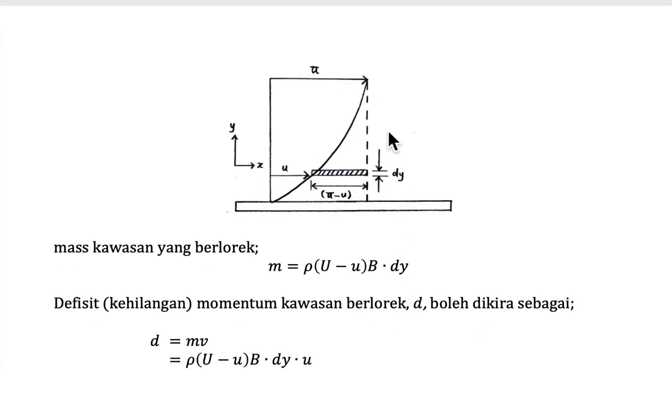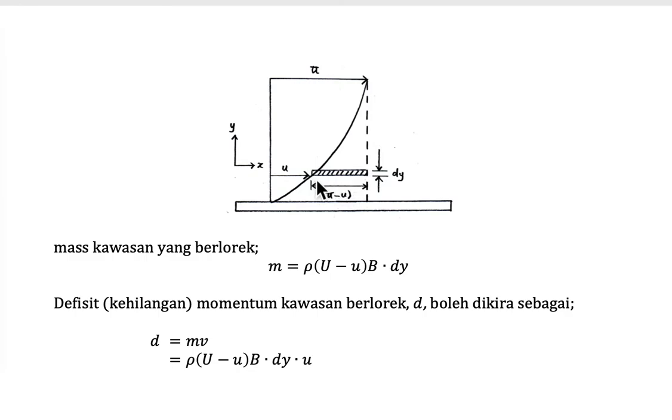Then please draw a diagram like this. This is the velocity profile at the outlet. We imagine that there is a deficit of momentum in this area, so we need to calculate what the momentum deficit is in this area.